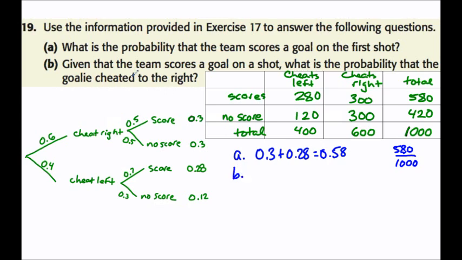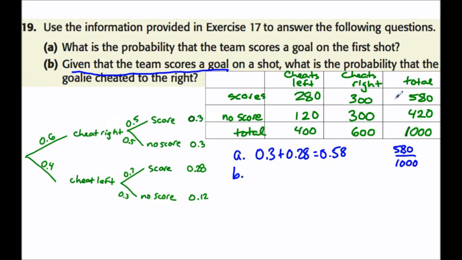Part B. This is a given that question. Given that the team scores a goal, what's the probability that the goalie cheated to the right? This is one of those where I find the hypothetical 1,000 table to make it much easier. Given that the goal is scored, I know I'm just looking in this top row.